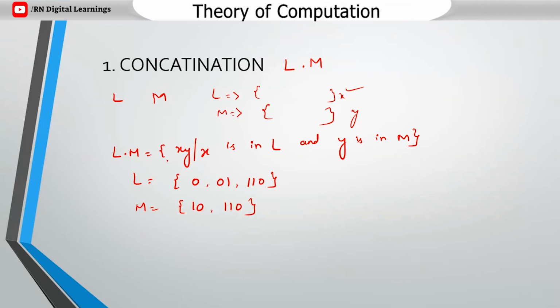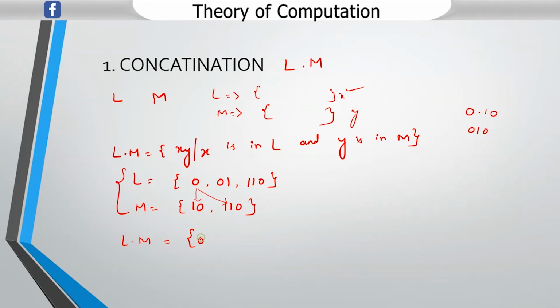So how can we concatenate these two languages? It can be represented as L dot M, which equals the following. What we have to do is concatenate this 0 with the first element of the next language, and then this 0 with the second element. When I concatenate 0 dot 1 0, it gives 0 1 0.